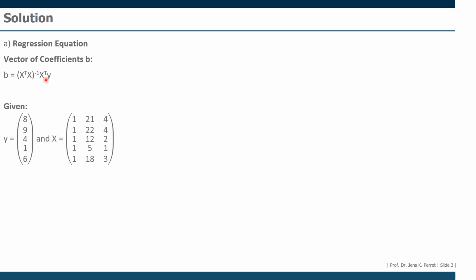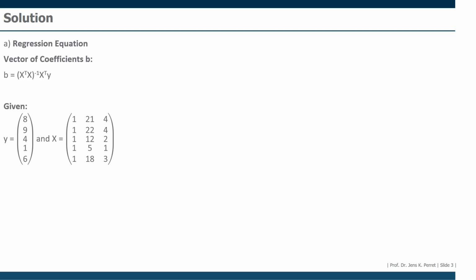We have the dependent variable, independent variable 1, independent variable 2, and this column of ones describing the intercept. In the result, we will get this vector b containing the intercept first, then the coefficient for the first independent variable, and finally the coefficient for the second independent variable.